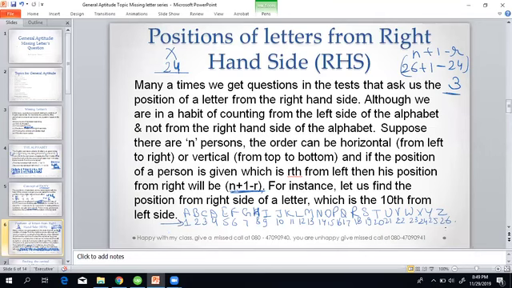This is from the left hand side. From the right hand side, the position of Z is 1, 2, 3, 4, 5, 6, 7, 8, 9, 10, 11, 12, like this. So these are the positions from the right hand side. Does this make sense?